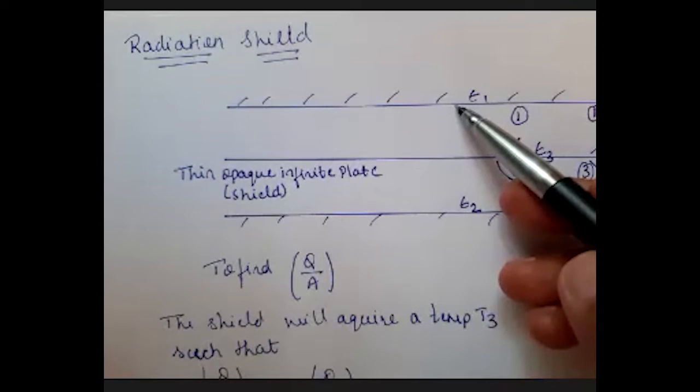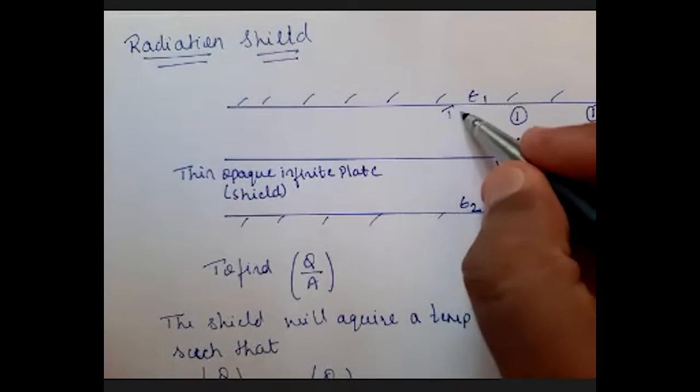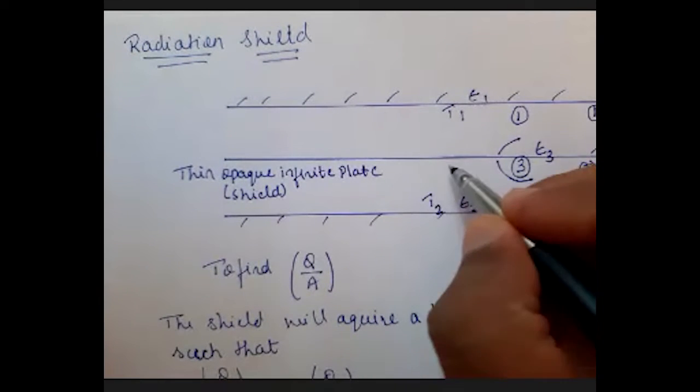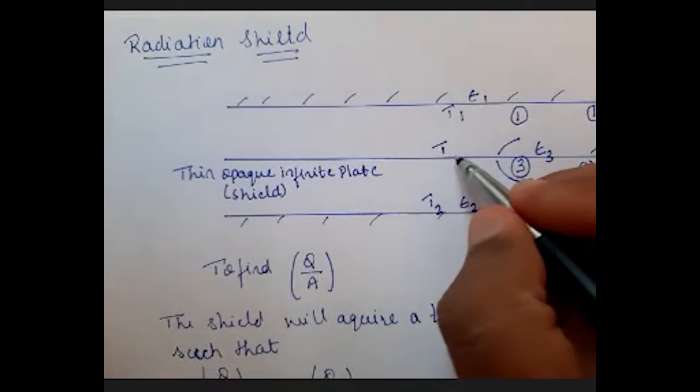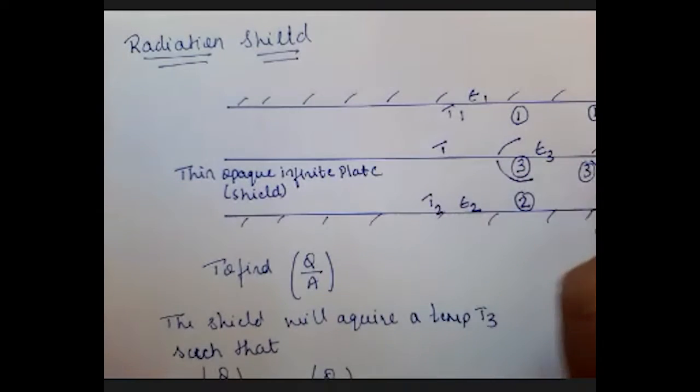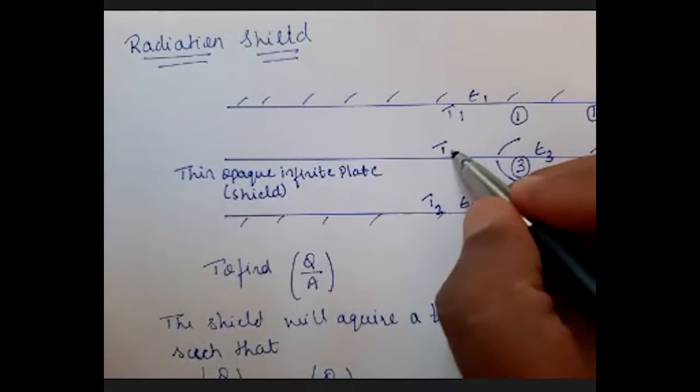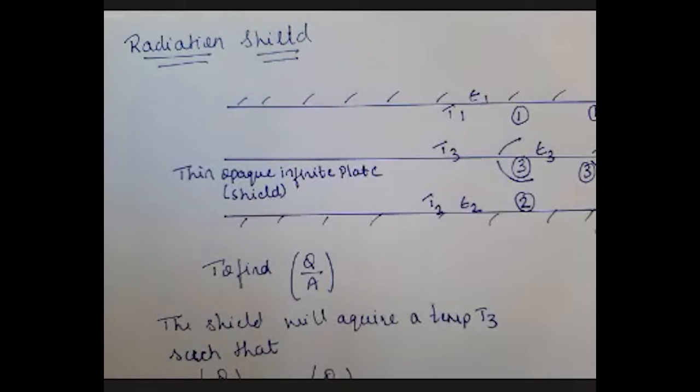The temperature of surface 1 is taken as T1, the temperature of surface 2 is taken as T2, and the temperature of the plate in between, which we have put, we take as T3, and we call it a radiation shield.